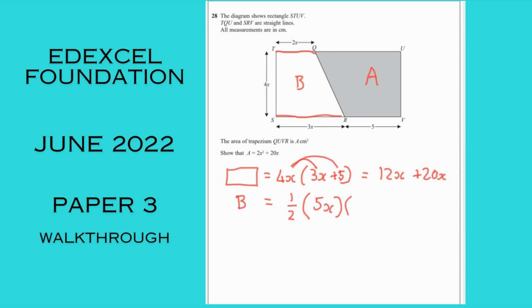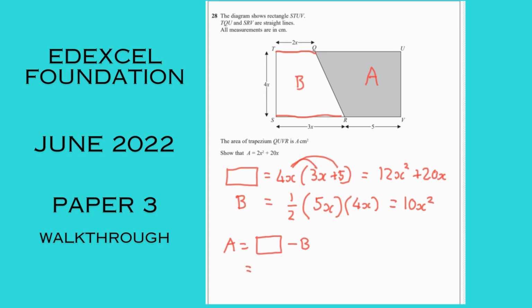And that is multiplied by the height, which is the distance between them. That is 10x squared. So, to get A is simply the rectangle minus B.